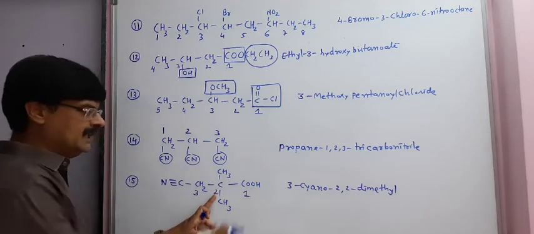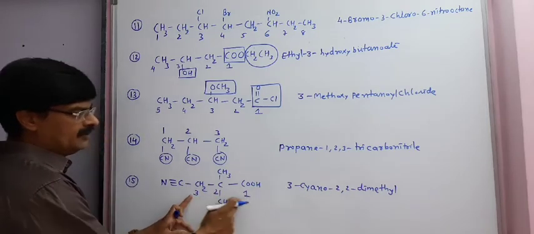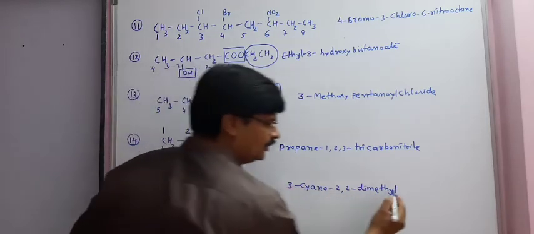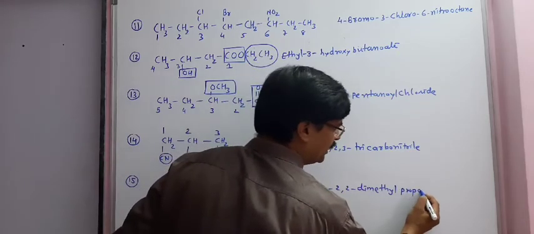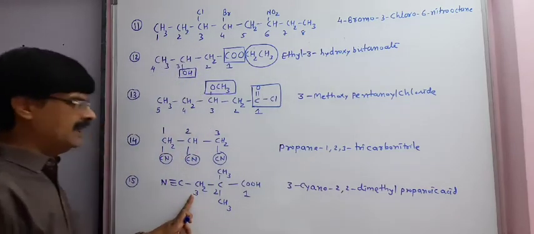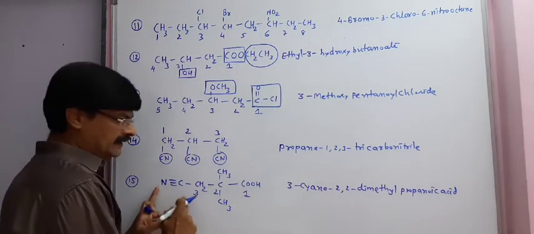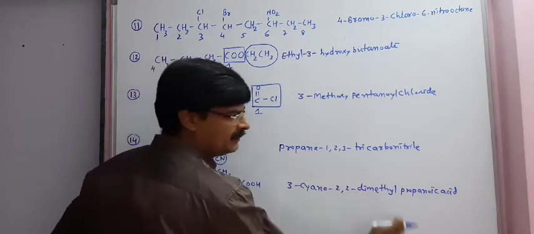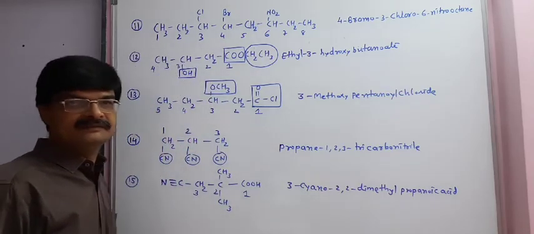The total number of carbon atoms is 3 with an acid group, so propanoic acid. Once more, the name of the compound will be 3-cyano 2,2-dimethyl propanoic acid.